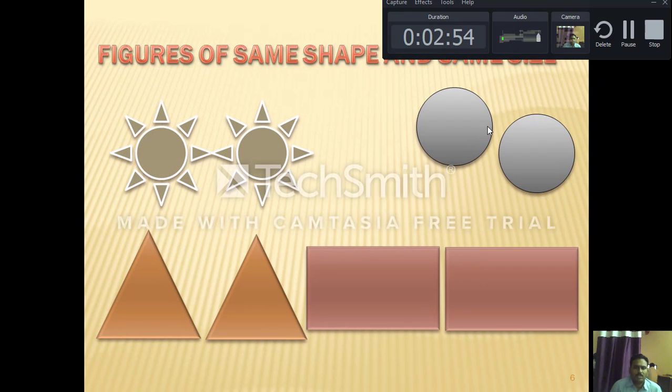Now observe these figures. Here also there are pairs of geometrical figures in which, if we observe their shapes and sizes, it is observed that the shapes and sizes both are the same in each pair of geometrical figures.